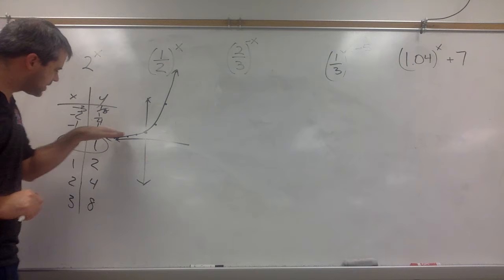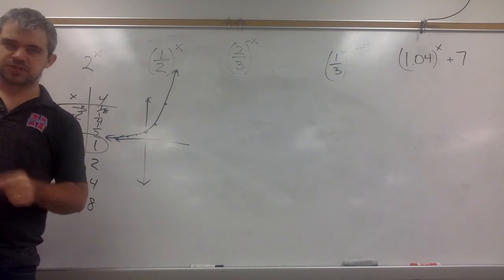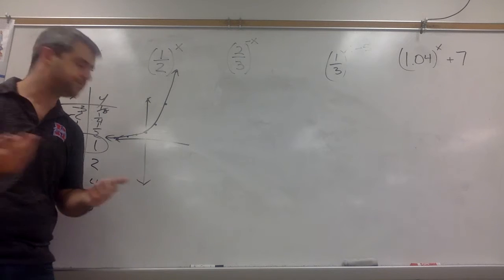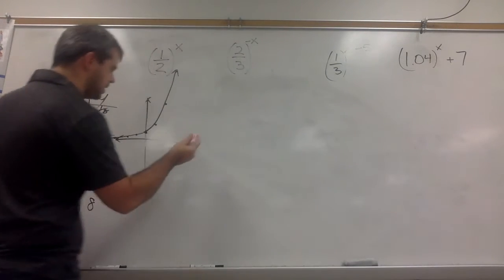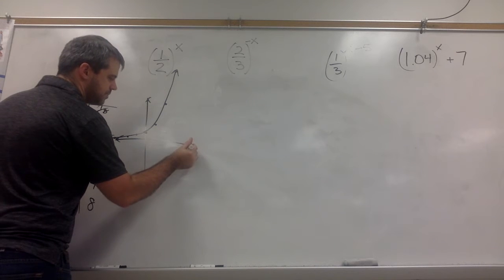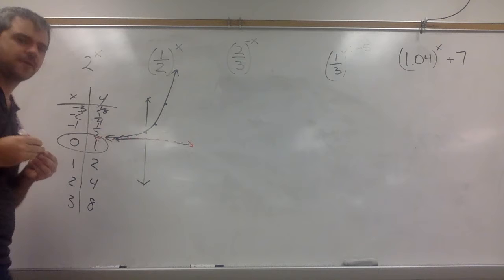Okay, so this is going to keep going, and it's going to get closer and closer and closer to 0, which should sound familiar. That's an asymptote. So there's going to be this asymptote on the negative side.